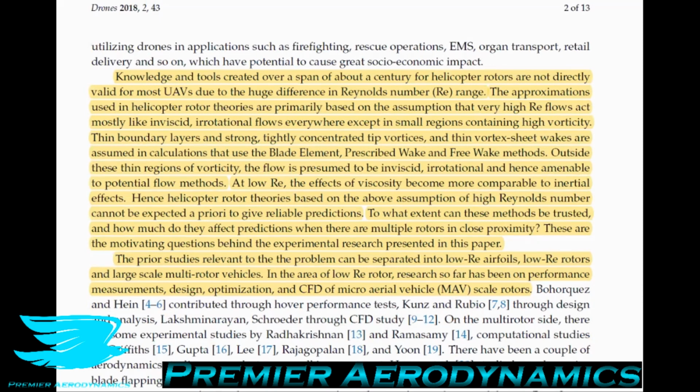Thin boundary layers and strong, tightly concentrated tip vortices and thin vortex sheet wakes are assumed in calculations that use the blade element, prescribed wake, and free wake methods. Outside these thin regions of vorticity, the flows were assumed to be inviscid, irrotational, and hence amenable to potential flow methods. So let's talk about this a little bit, because first of all, potential flow methods.